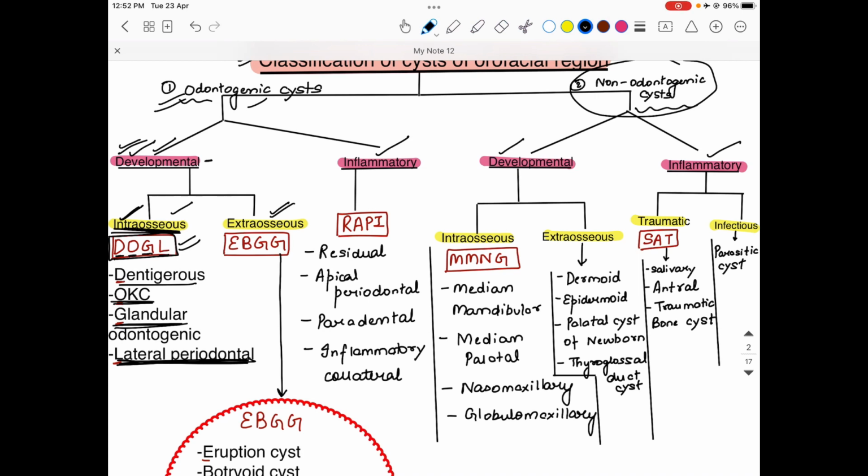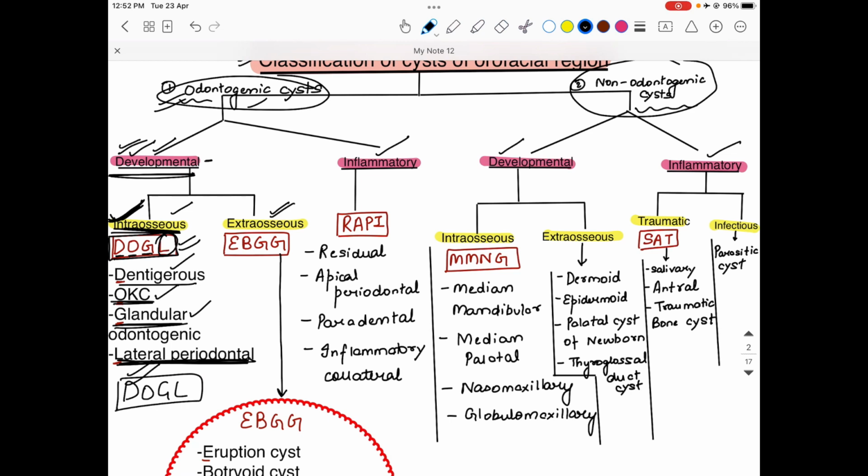So you remember the mnemonic DOGL for the intraosseous variety in the odontogenic developmental cyst.